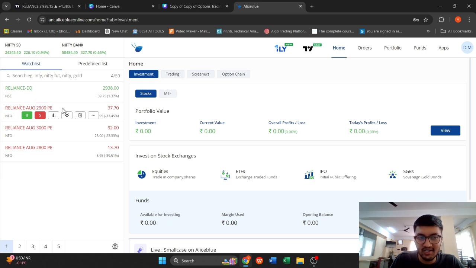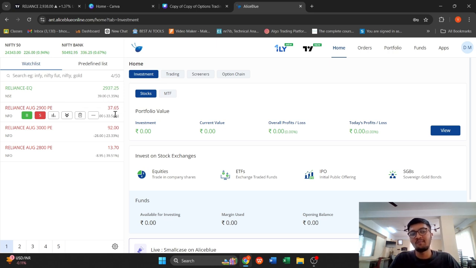So 2,900 P, what is the premium currently trading at? It's 37 rupees. It is exactly the difference between the 2,937 and the 2,900. So this contract is having totally the time value.